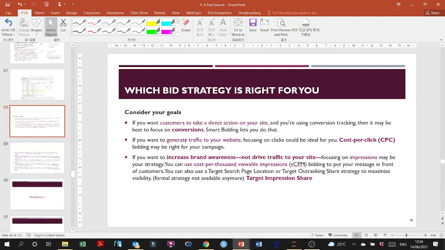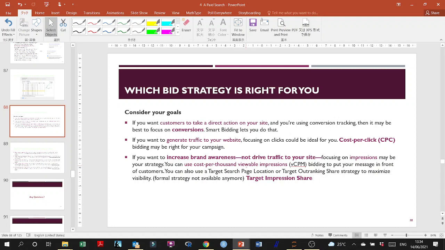Bid strategy. Which bid strategy is right for you? Of course, it depends on your objective, and on so many other things like your keyword match type. For example, which match type is worth using with cost per acquisition? Of course, maximize cost per action, but you're paying per click. Nobody really wants to pay per click, but sometimes you have to because you haven't built that much of a relationship with Google yet.